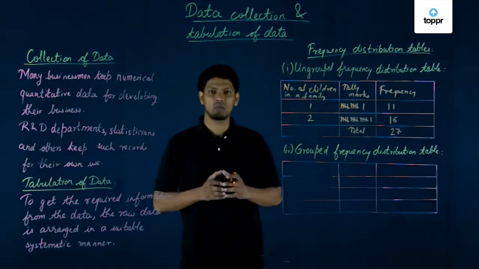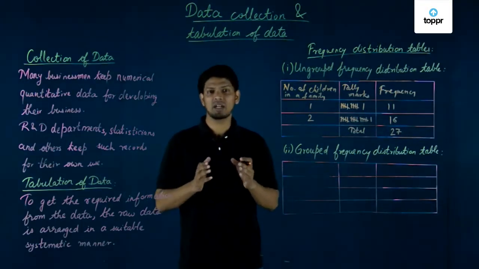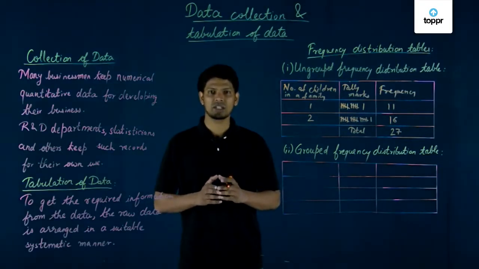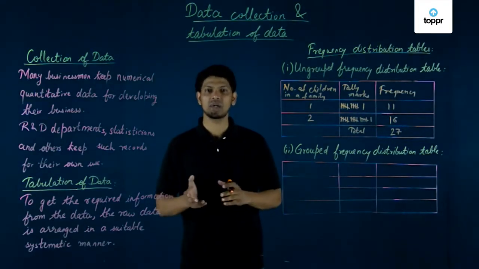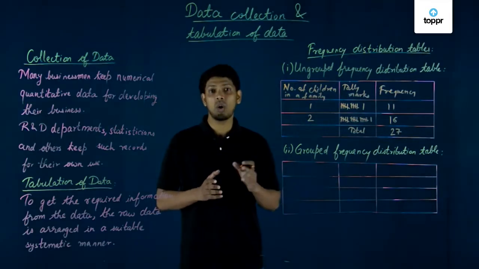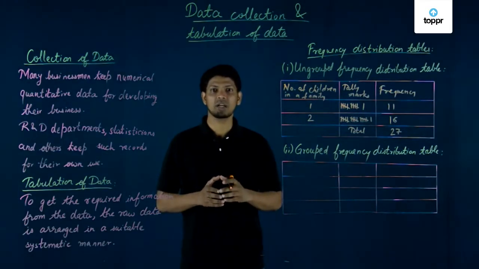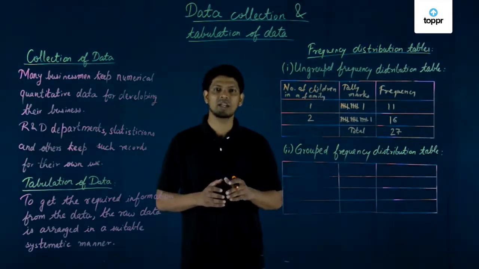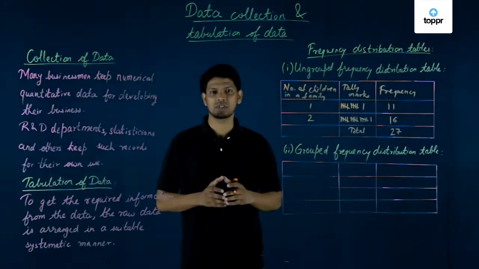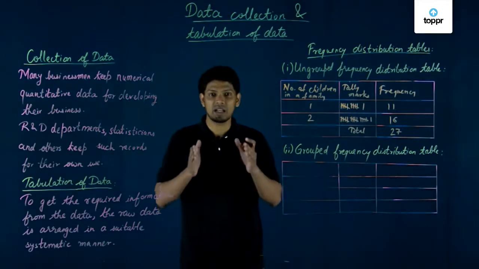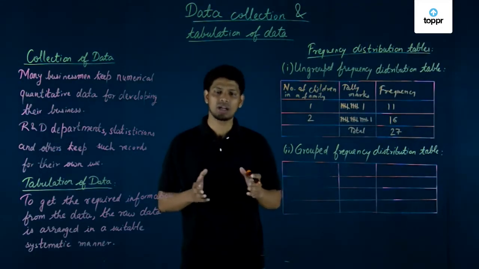So in place of that, you can have a range of ages, like 11 to 20, 21 to 30, so that all the persons whose age is within that range can be called one class, and then you can count the number of persons participating in that particular range or class.